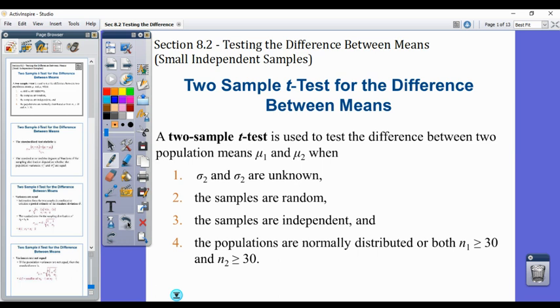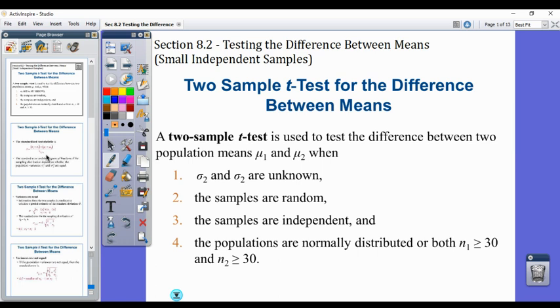The other key is that your populations must be normally distributed or your sample sizes have to be greater than or equal to 30, okay? So the key difference between your Z and your T, we're gonna go over, but your sample size is one of the key differences between the two, and whether or not you know your population standard deviation.